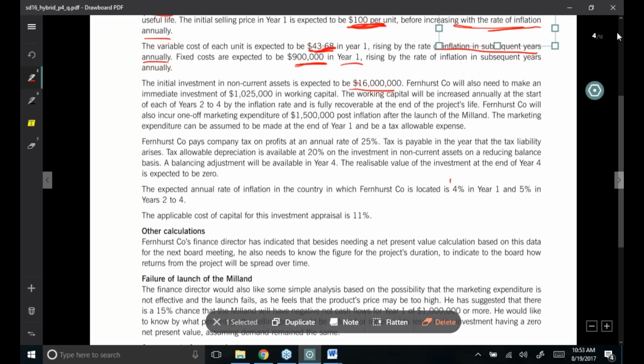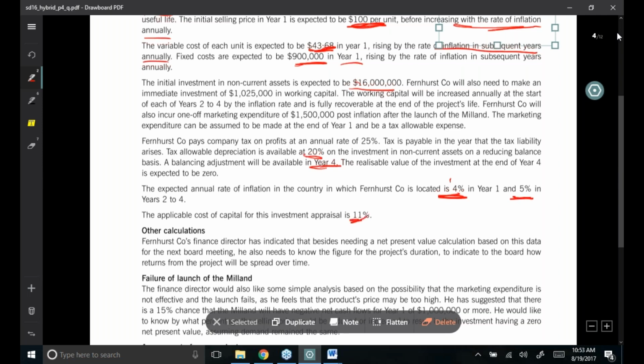One of marketing expenditure is 1.5 billion, which is given post-inflation. Company tax rate is 25%. Tax is payable in the year the tax liability rises. Capital allowances are 20%. Balancing adjustment is required in year 4. Inflation rates are given for year 1 is 4% and 5% for the next years.